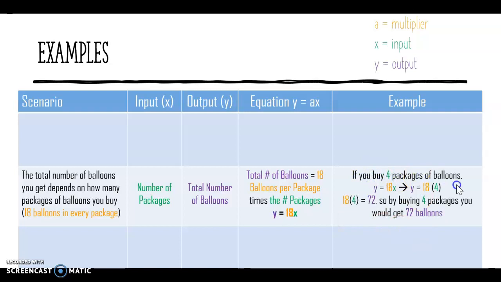So let's say we bought 4 packages of balloons. We use our equation here, y equals 18x, and we plug in that 4, because that's our input, into where x is. And so now we know that the total number of balloons is going to be whatever 18 times 4 is. Well, 18 times 4 is 72. So when you buy 4 packages of balloons, you're going to get a total of 72 balloons.